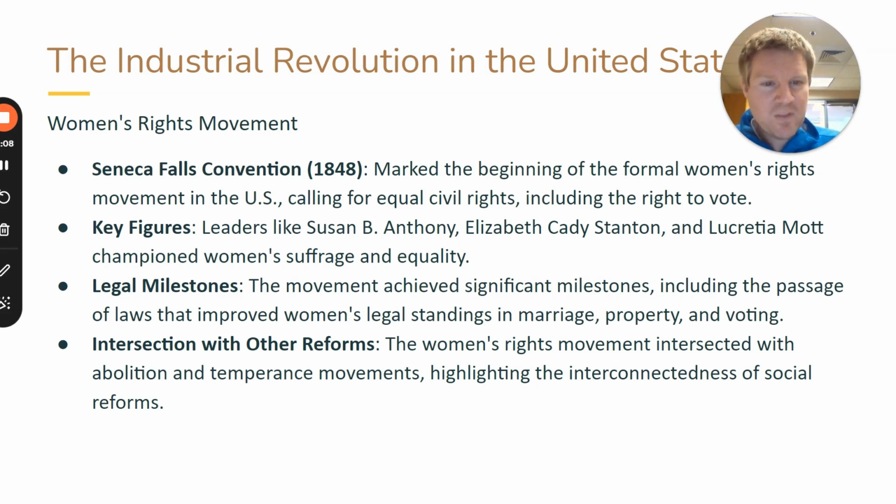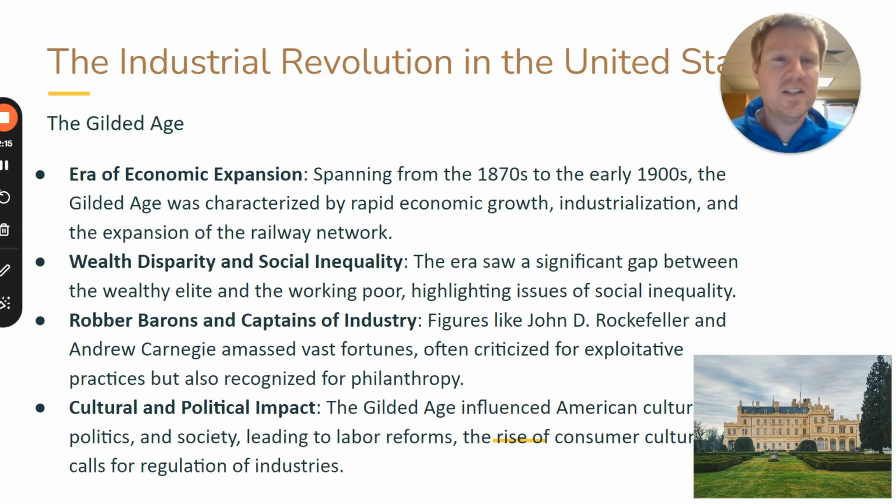You have the women's rights movement, the temperance movement, and the labor reform movement that were the big key events at this time. So coming after this will be the Gilded Age. That's a product of this industrialization that's happening in America. You have the economic boom that creates lots of new wealth for people who own the railway network, the canals, the shipping, the railroad.